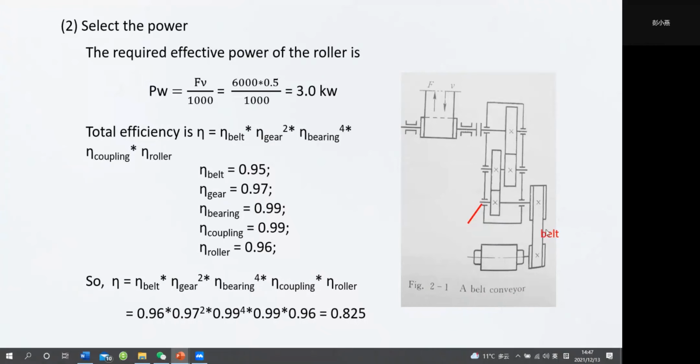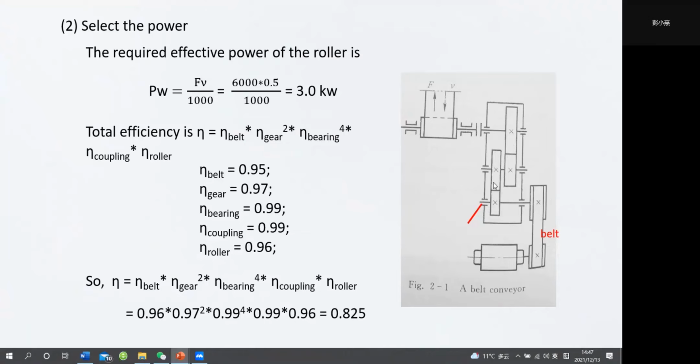For the belt, it has a speed ratio, and the gears have a speed ratio. If we choose plan 1, the speed ratio is too large. Speed ratio i is equal to z2 divided by z1. Do you remember?